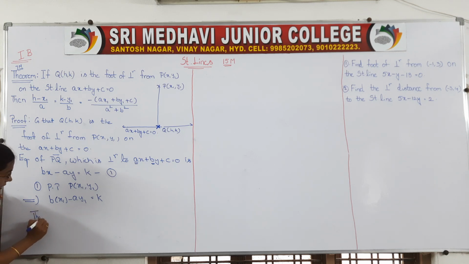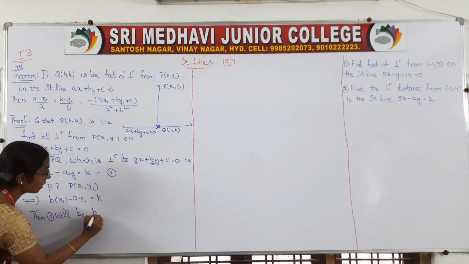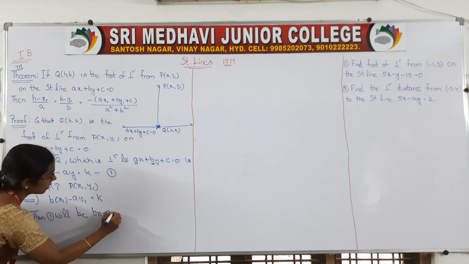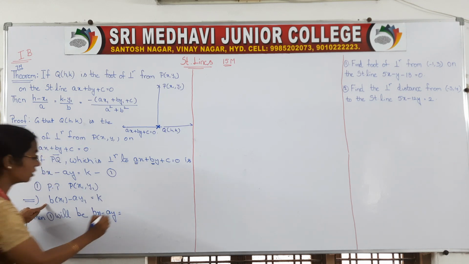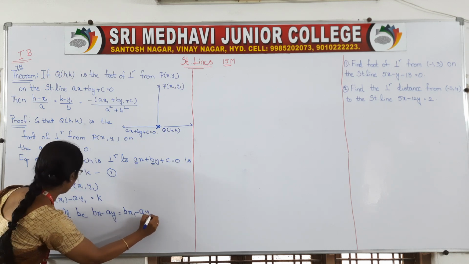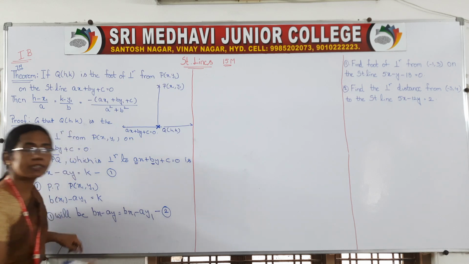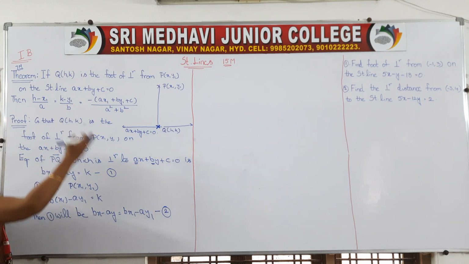In the K place we have to substitute our value: bx - ay = bx1 - ay1. This is your second equation, but it is nothing but the equation of PQ only.